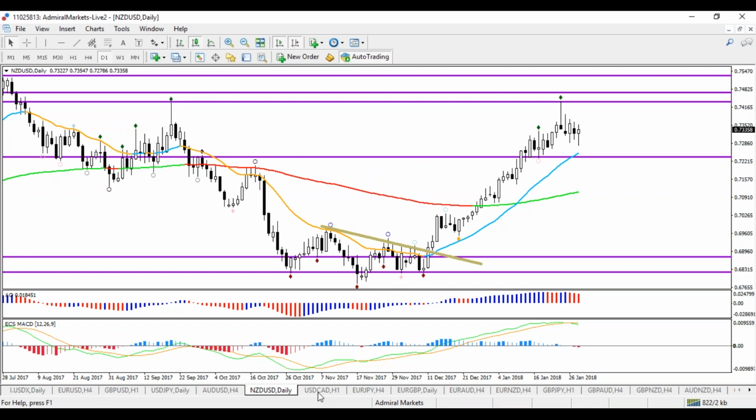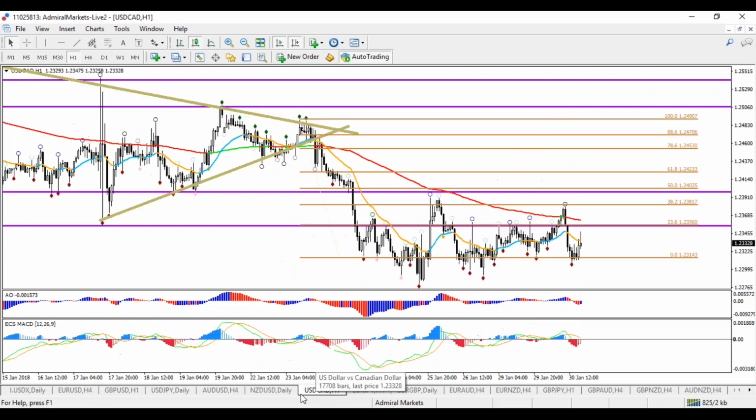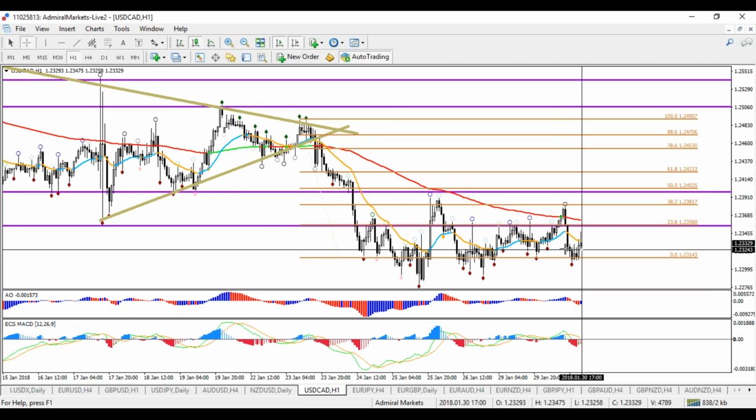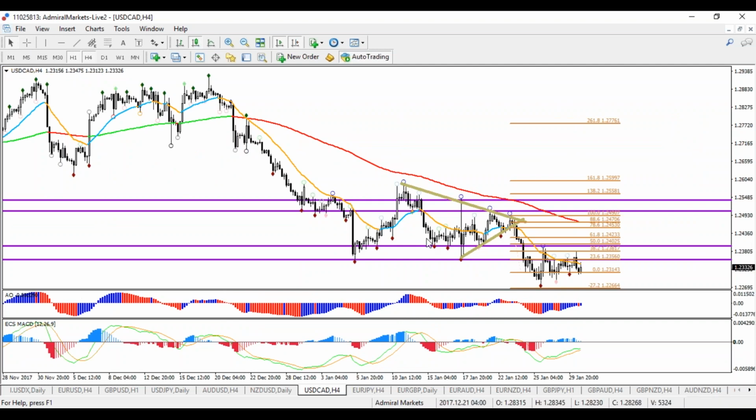I must say that the last 1.5 weeks or so, I find that price is quite corrective. That can change, of course, but you see this dollar CAD, it's been a week just going flat and not doing much.